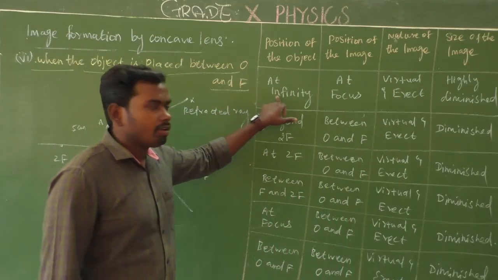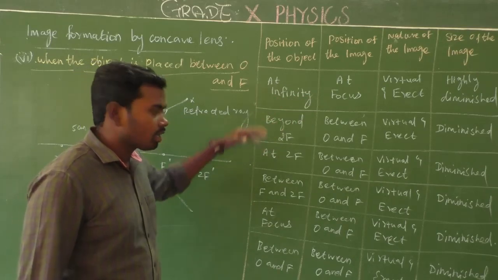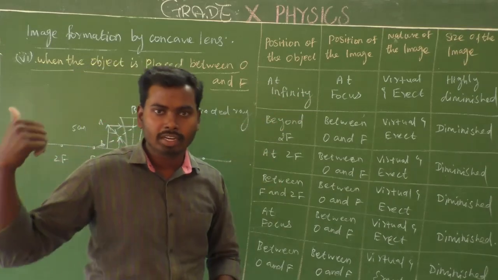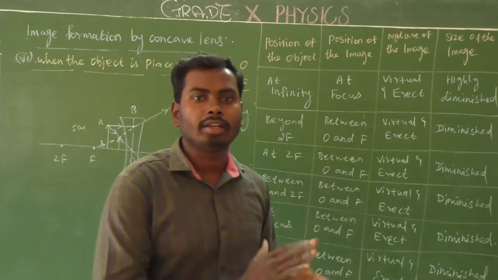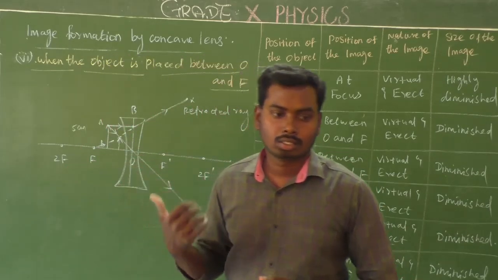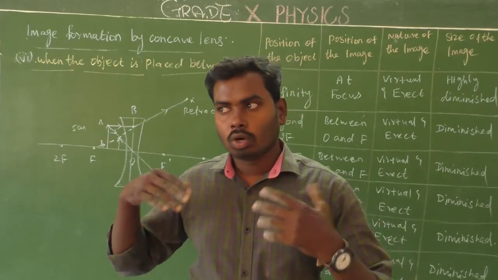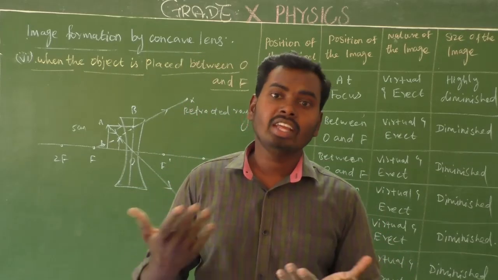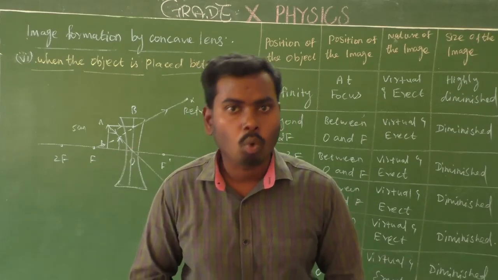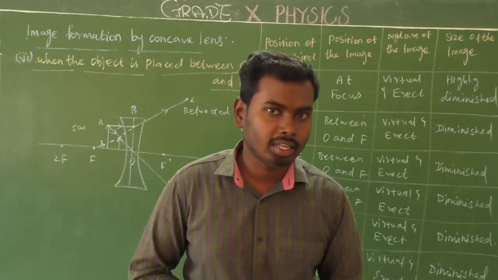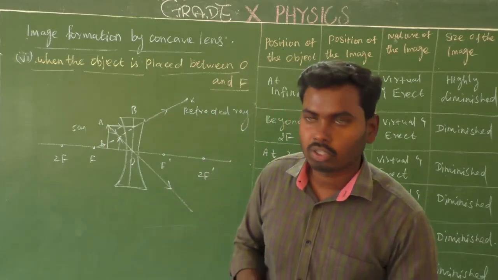When we place the object at infinity, the image forms at the focus. For all the remaining distances between infinity and the optical center O, the image is formed between O and F. That's why I am telling you this concave lens is a special lens. Wherever the object is placed between infinity and the optical center O, the image will be formed only between O and F. There will not be any other position of the image. It's very, very simple, so don't get confused.